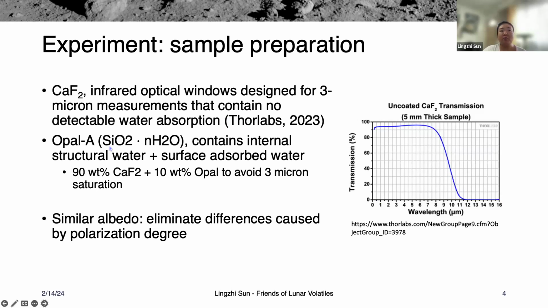Another one is Opal A, which is a well-known gem that contains a lot of internal water. It has both internal structural water and surface adsorbed water.